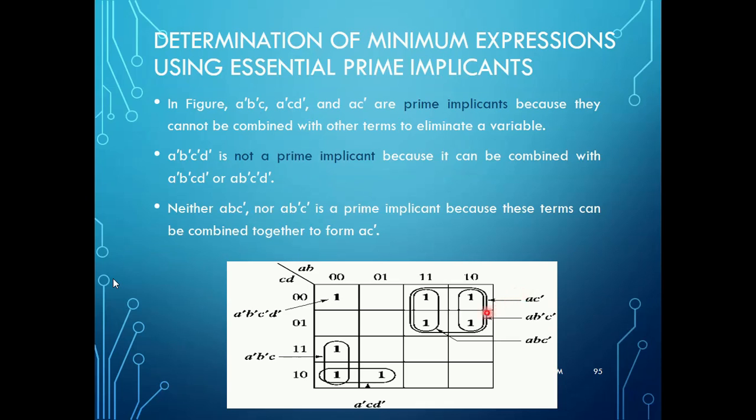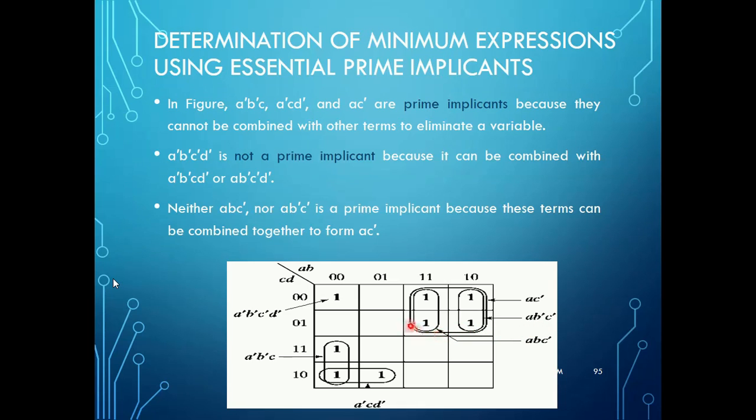So we conclude that the three terms in this particular problem are prime implicants. You may be thinking why they have encircled these pairs also inside. They are also implicants. To show that, neither A B C bar nor A B bar C is a prime implicant because these terms cannot be combined together to form A C bar.